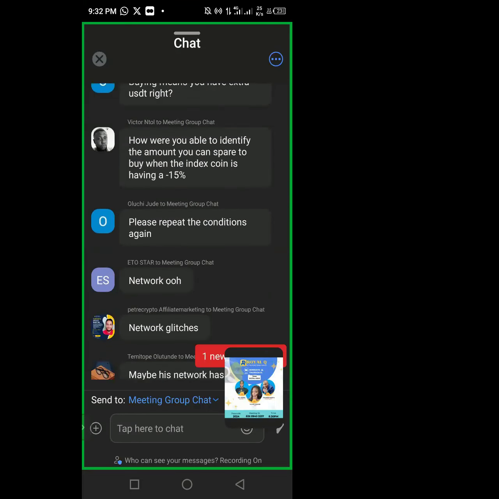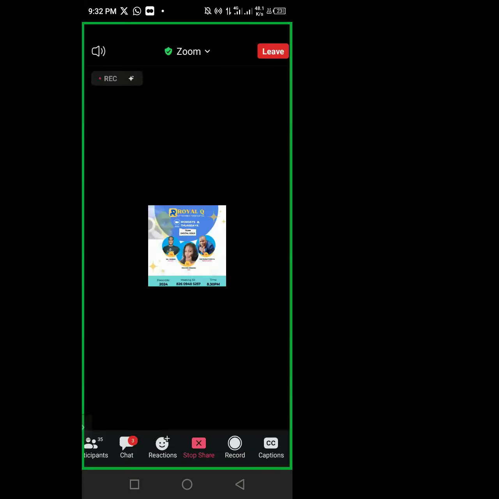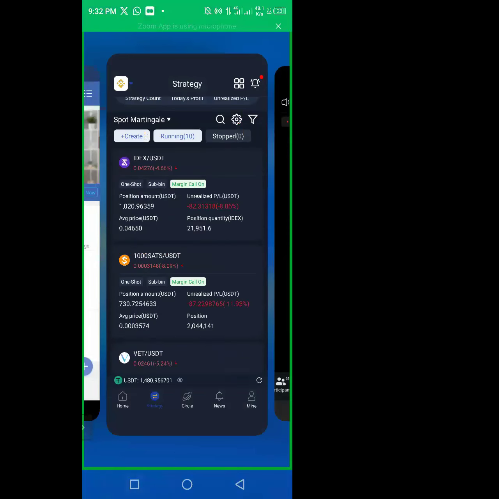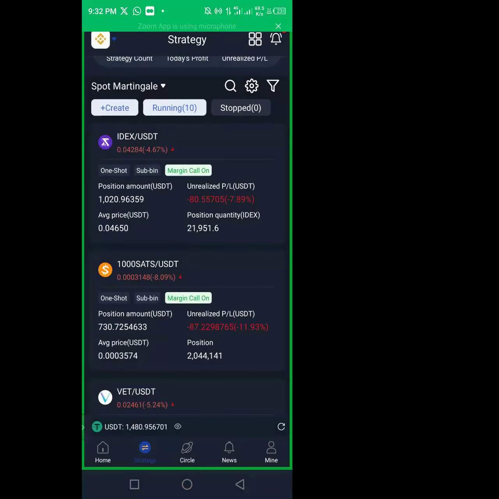How were you able to identify the amount you can spare to buy when the index coin is having a -15? Yes, at the bottom you see USDT. This is your spare USDT in your exchange. Royal Key will display your spare USDT.